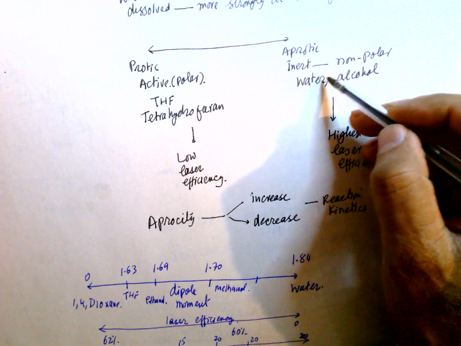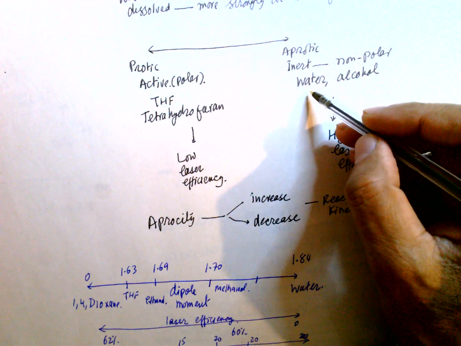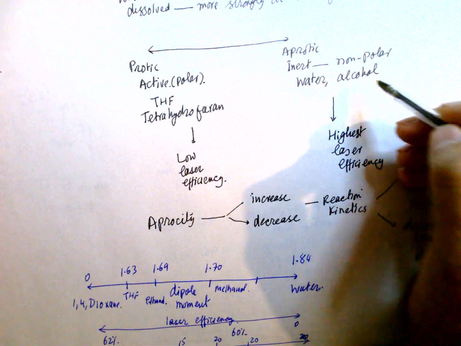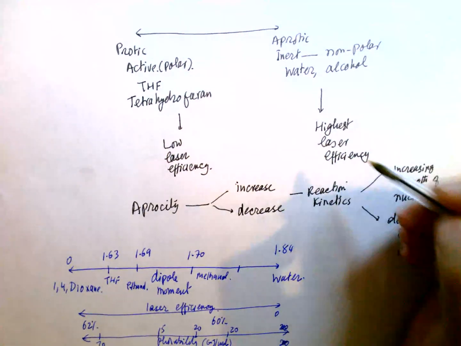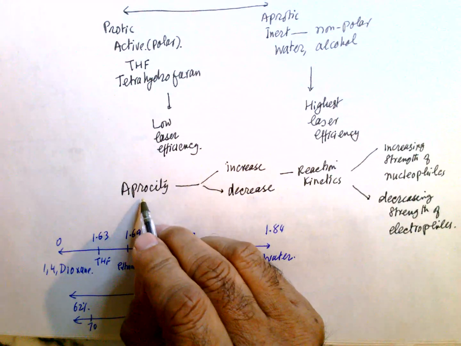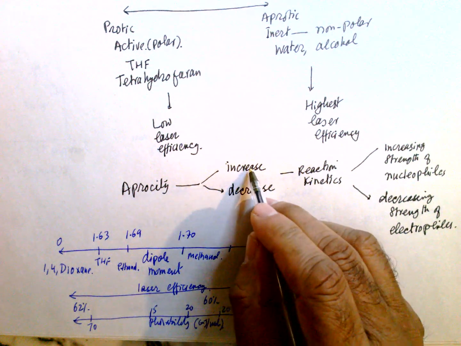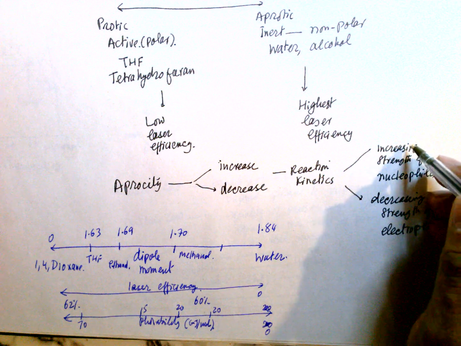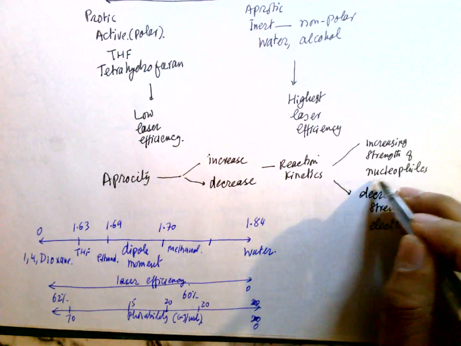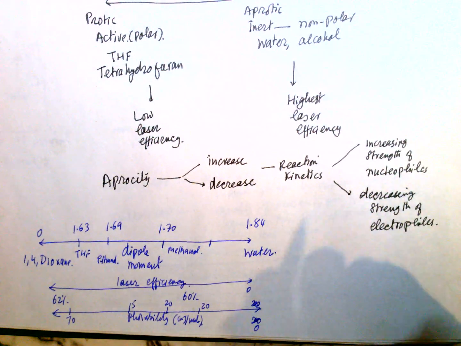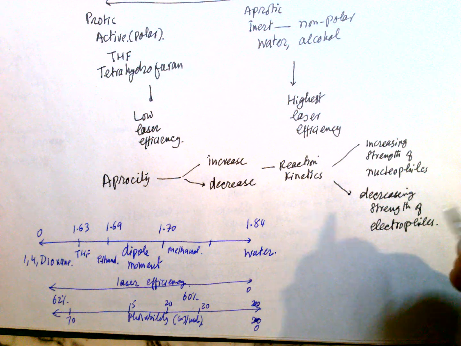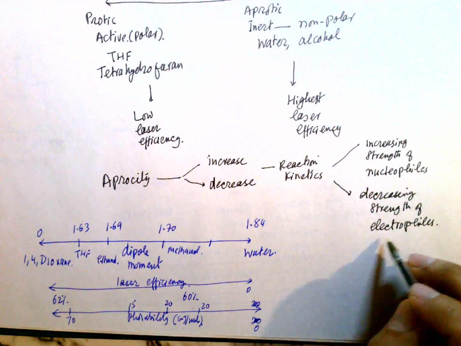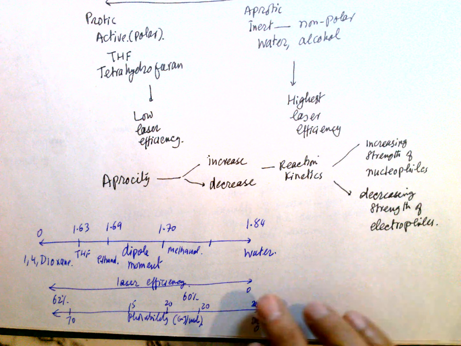On the other hand, water and alcohol give the highest laser efficiency. Aprosity increases or decreases the reaction kinetics, increasing the strength of the nucleophiles or decreasing the strength of the electrophiles.